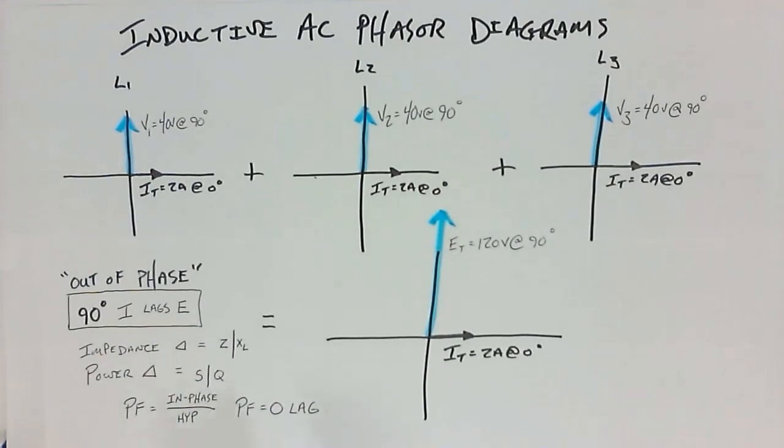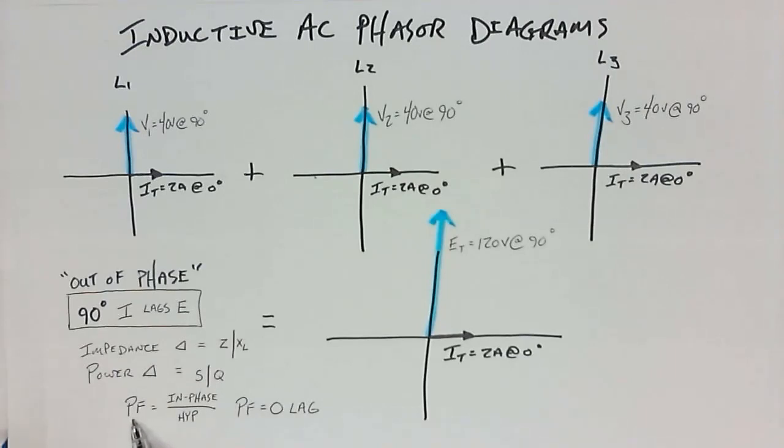All right, so to review, impedance triangle of a purely inductive circuit, the XL would equal the Z, both of those being measured in ohms. A power triangle of an inductive AC circuit, the Q would equal the S. Q is VARs, S is VA.